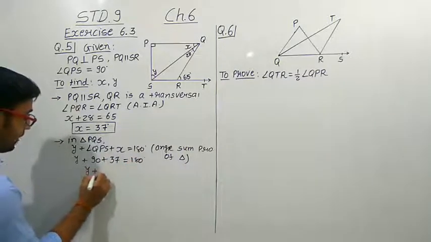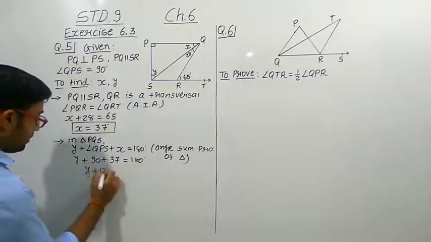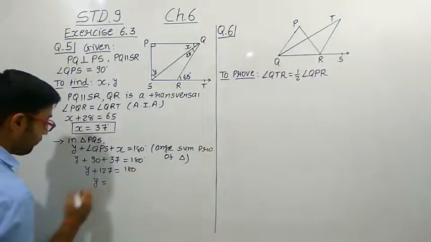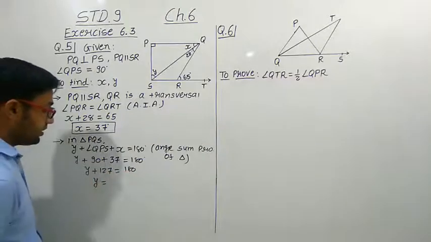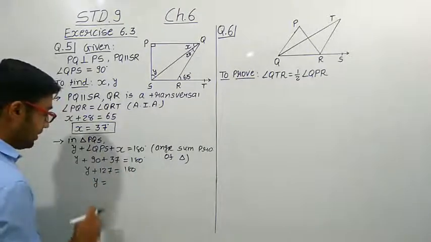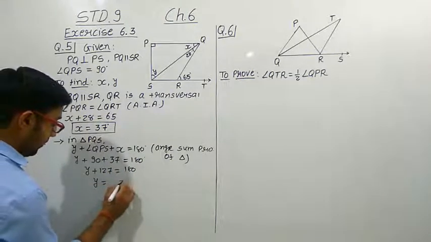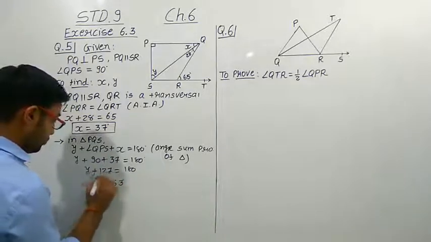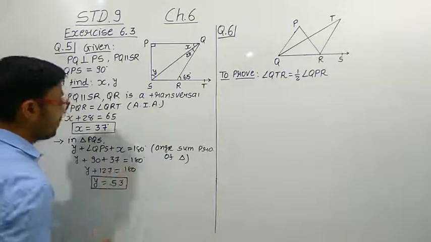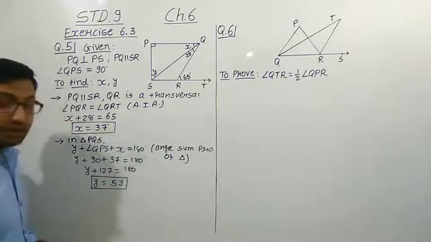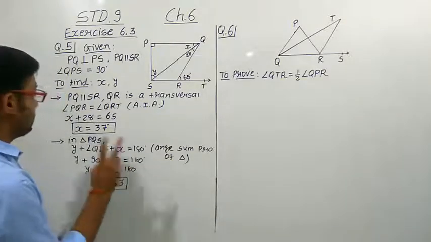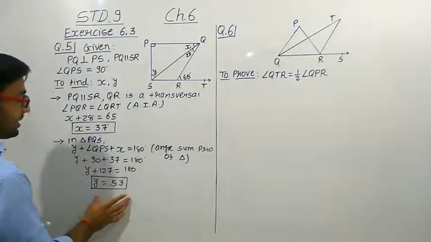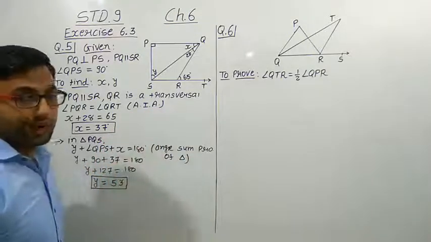So Y plus 127 is equal to 180. So the value of Y is 180 minus 127, that is 53. So the value of Y we get here is 53 degrees. Right? So here we used two concepts: one is alternate interior angles and the second is the angle sum property of the triangle.